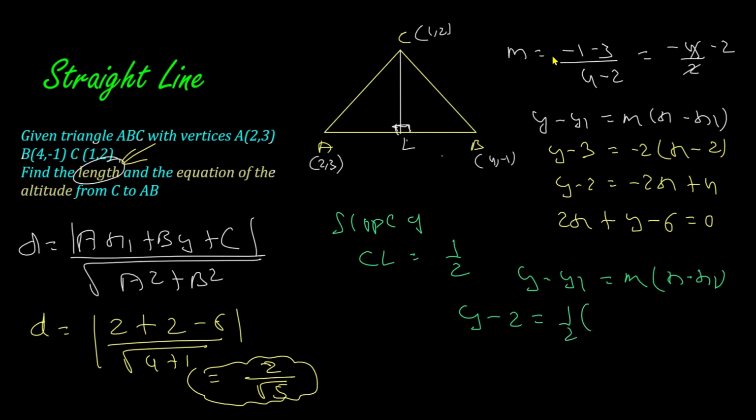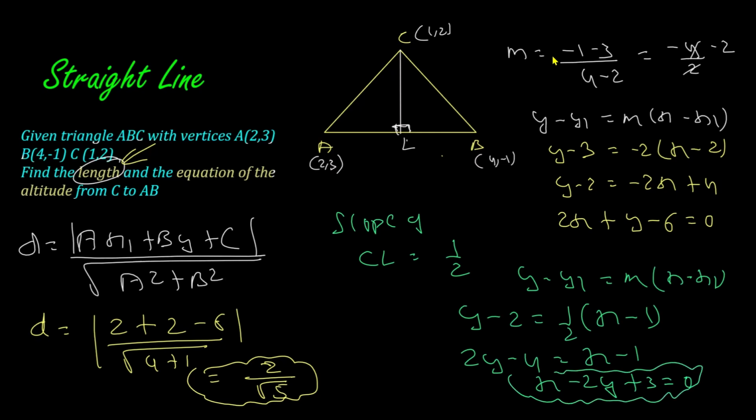So it is half times x minus x1, and x1 is 1. So this is 2y minus 4 is equal to x minus 1. If I write this in the standard form, it's going to be x minus 2y plus 3 equal to 0. So this should be the answer for the second part, that is the equation.